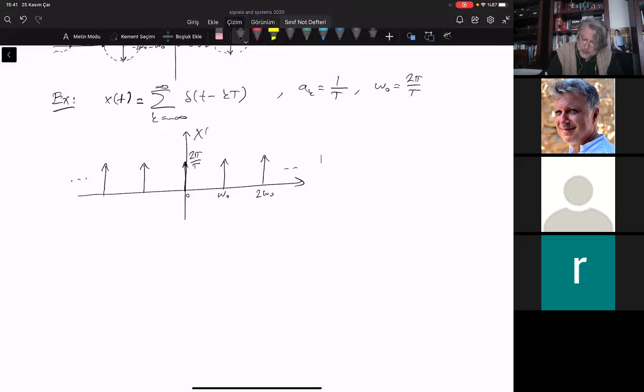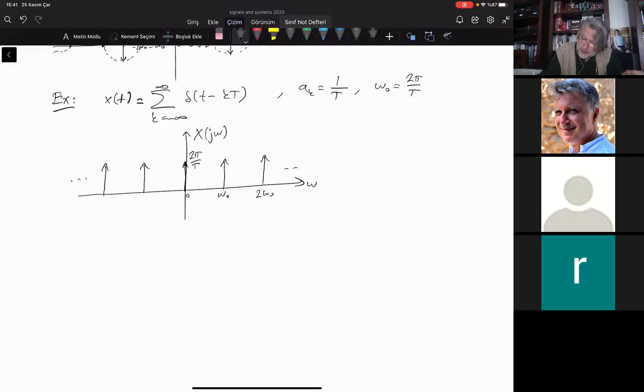This is X of j omega on the frequency axis. That's interesting. It is telling me that x of t is an impulse train, but its Fourier transform is also an impulse train. What an interesting coincidence, right?